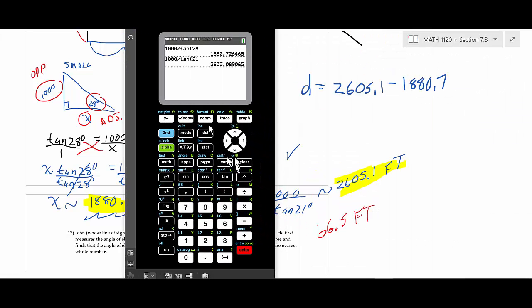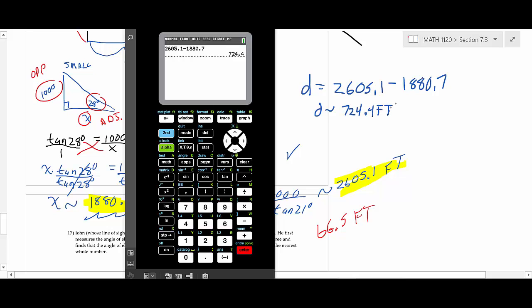This problem has multiple steps, but there's enough information to be able to figure it out with trig. So you could indirectly find distances in this way. Even when you get into astronomy and things, you can figure out a lot of things this way with trigonometry. The final answer would be 724.4 feet.